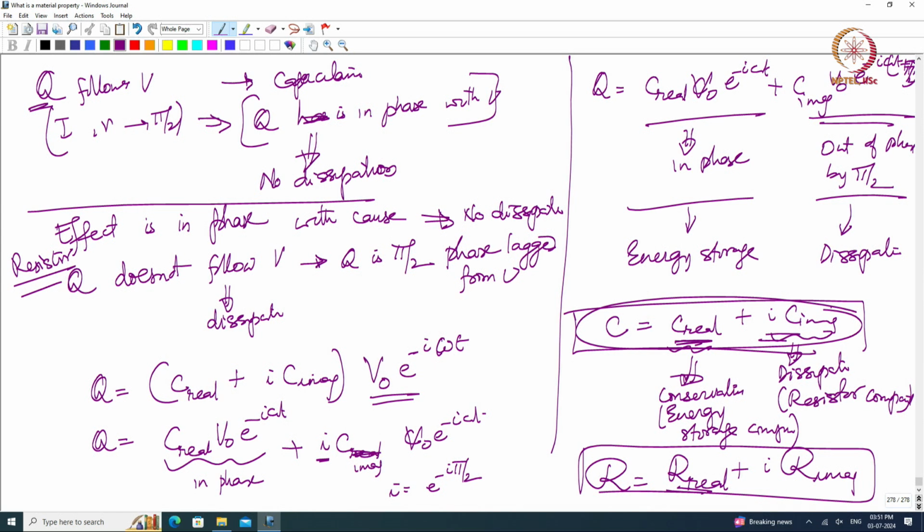Now, if it is electrical, this is conservation or storage of charge, and this is wastage of charge into heat. If it is mechanical, this is storage of mechanical energy, and this is wastage of mechanical energy into heat. If it is electromechanical, energy is stored and electrical energy is converted to mechanical energy.